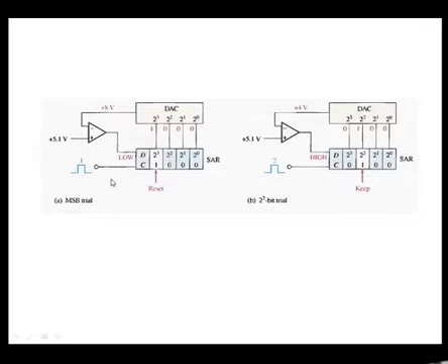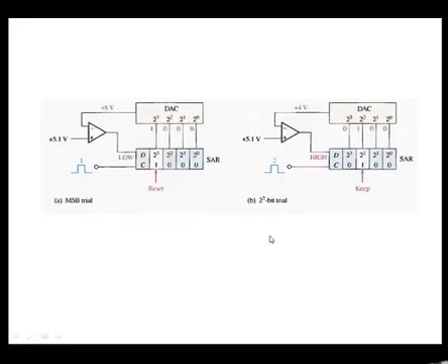That is, we make MSB equal to 1. In this case, because this one is going to enable this input, the output of the DAC is 8 volts. Since 8 volts is greater than 5.1, the output of the comparator is low, causing this MSB in the successive approximation register to reset to 0, which we can see here.